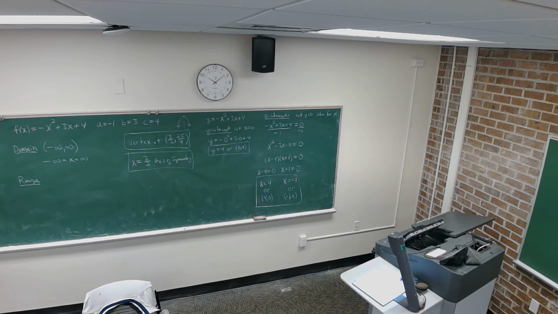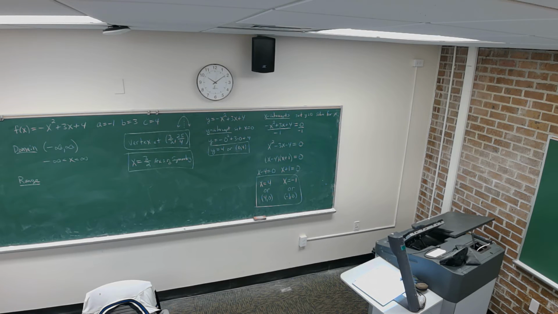So the range are the y coordinates, right? Is there a maximum y coordinate in this graph? What's the maximum y coordinate? 25/4. Yeah, 25/4, right? It's at the vertex, 3/2, 25/4. That's the maximum y coordinate. Is there a minimum y coordinate?